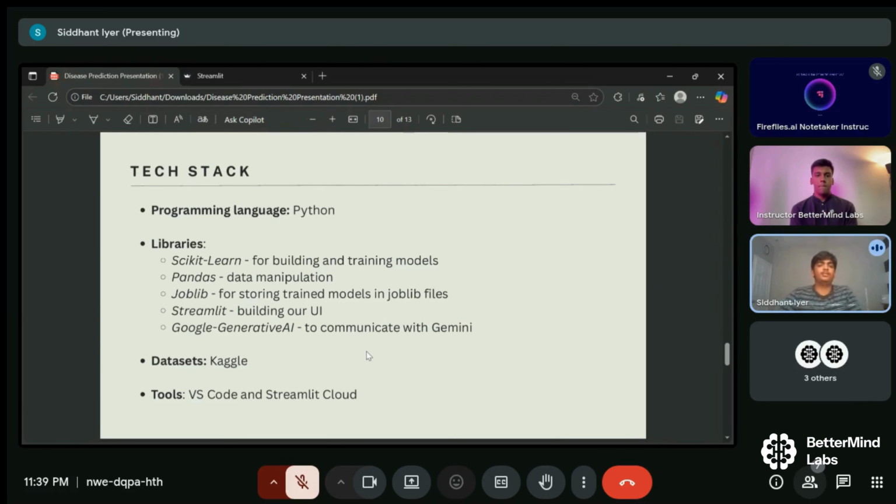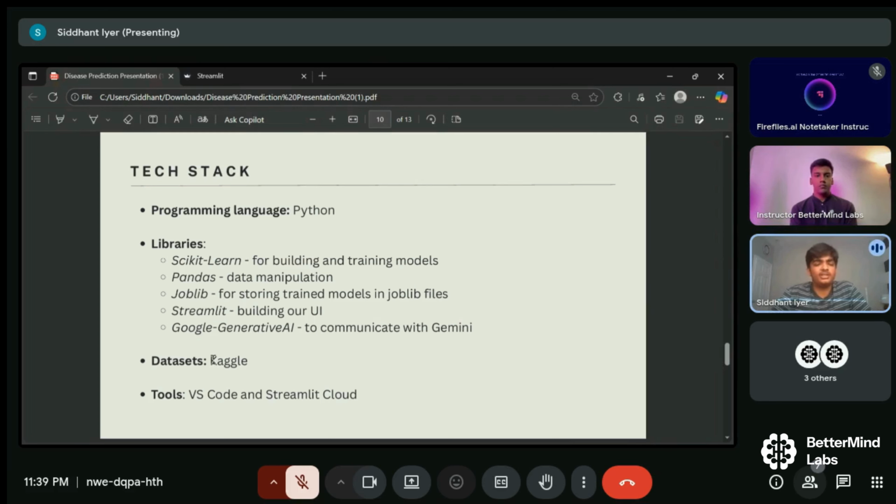What we used for the programming language is Python. We used five libraries: Scikit-learn for training the models, Pandas for data manipulation, JobLib for deployment and saving the trained models in the JobLib files, and Streamlit for building our UI because it's user friendly, and Google's generative AI because we wanted to communicate with Gemini to create the health advice response.